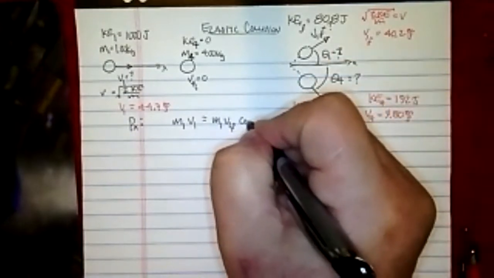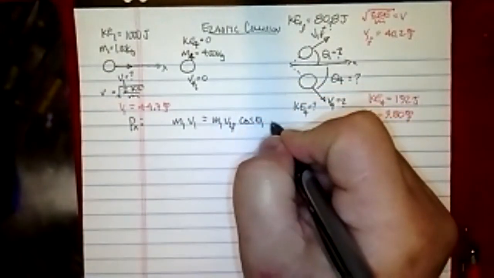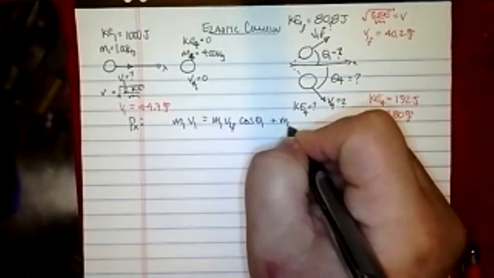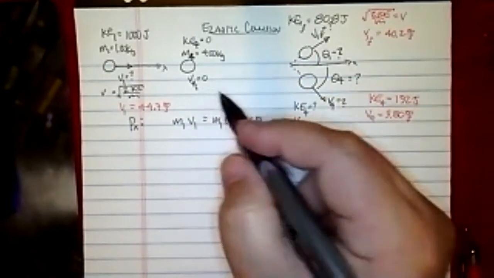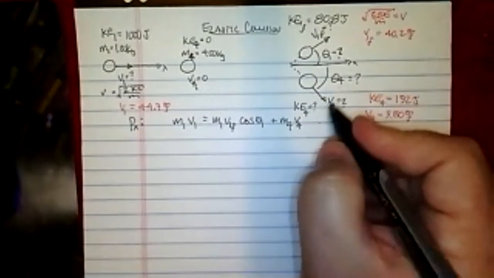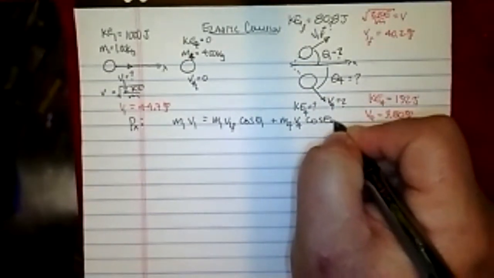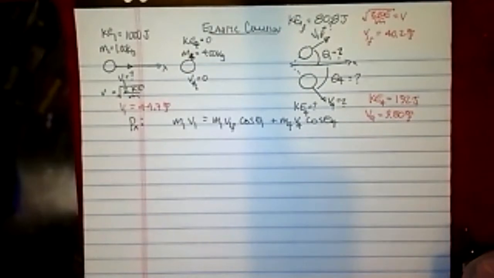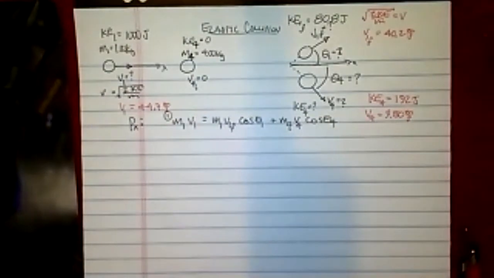So it'll be cosine theta 1 plus m4 v4. Since I didn't have a v4 initial, I don't need to subscript that with a final. Again, that one will be cosine theta 4. And that's the conservation of momentum in the x direction. I'm going to call that equation 1.